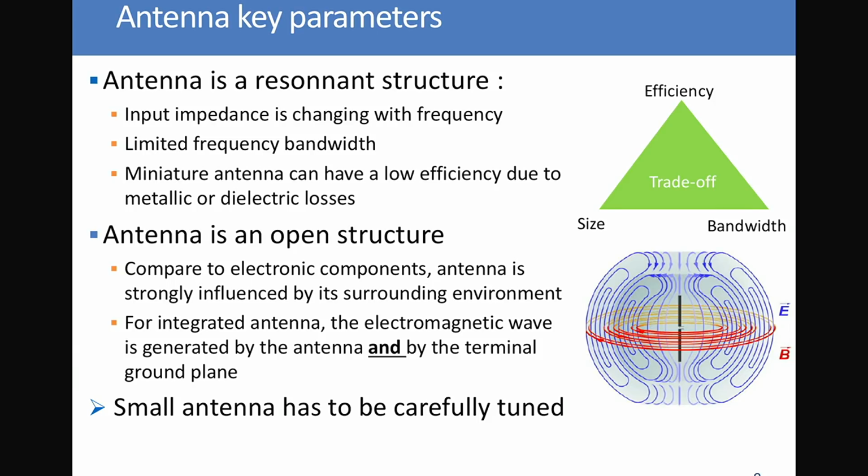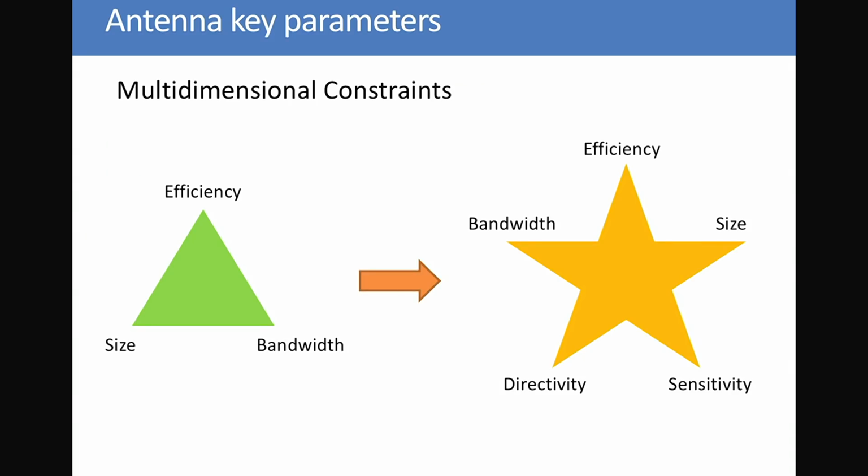And if you disturb this field, you are changing the characteristic of your antenna. So for integrated antennas, the EM wave which is radiated is generated both by the antenna and also by the terminal ground plane. We'll see this after. Very important thing: small antennas have to be very carefully tuned.